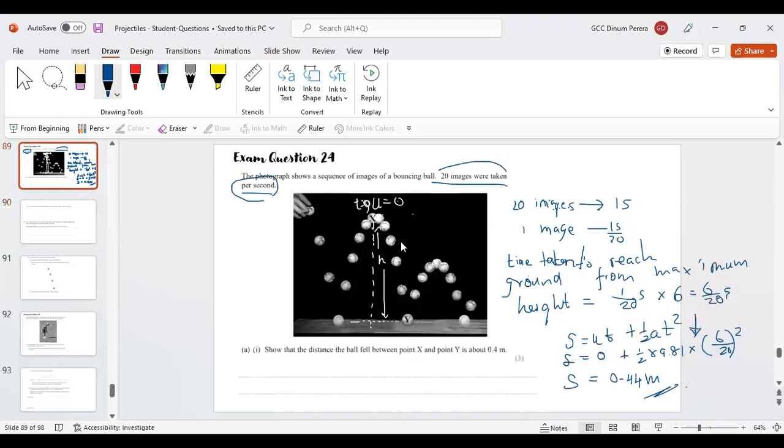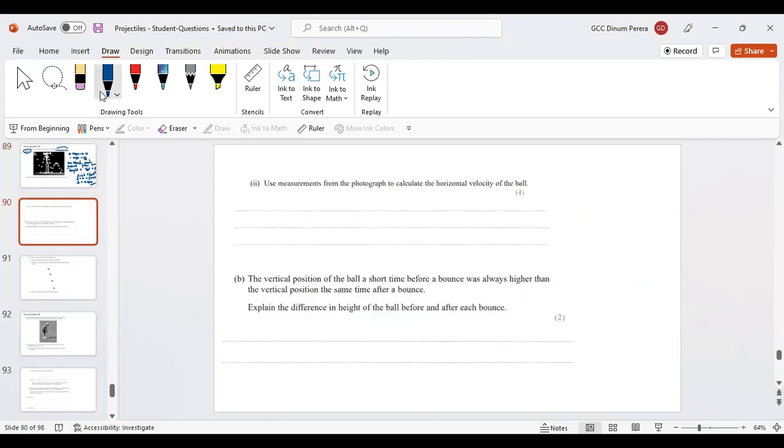How do you think we're supposed to use the measurements? How do you find the horizontal distance? If you're using equations, you got to use s equals ut, but then you don't have anything related to velocity. Yeah, then you can't use this. How are you going to use the measurements then?